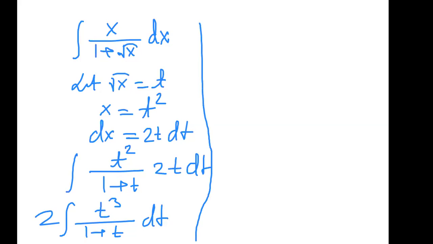Try to keep in mind, if in any question the degree of numerator is greater than the degree of denominator, then first of all we need to divide. So it will become 1 plus t, t plus 1, 2 I'm dividing.